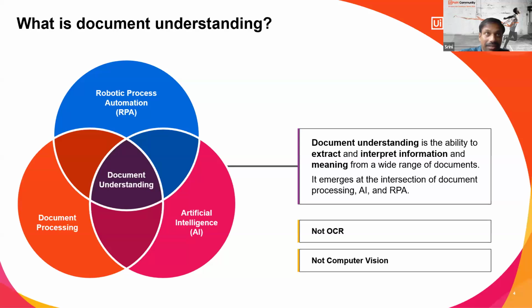Document understanding has the capabilities of these categories: it can interact with our RPA workflow, it can understand the document using AI capability, and it can process the document with document processing capabilities.